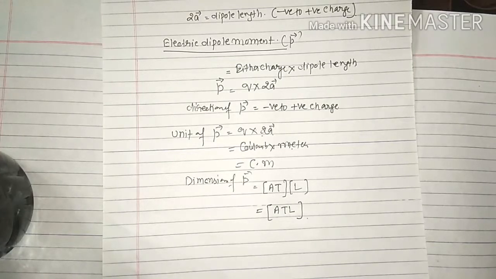Now we can find the electric field of a dipole. So how to find the electric field due to a dipole? There may be two possibilities.